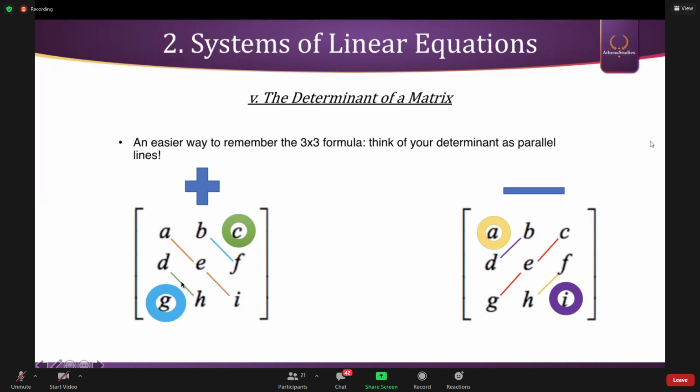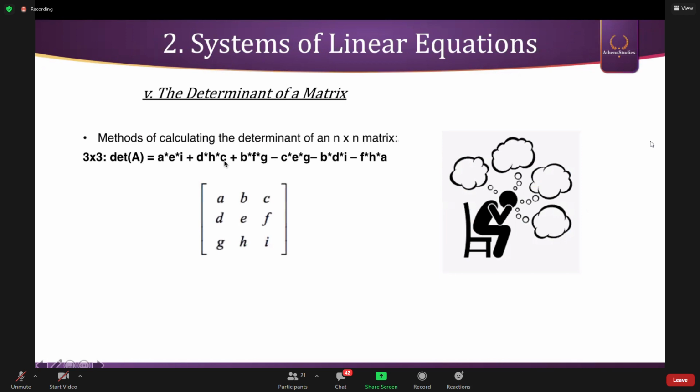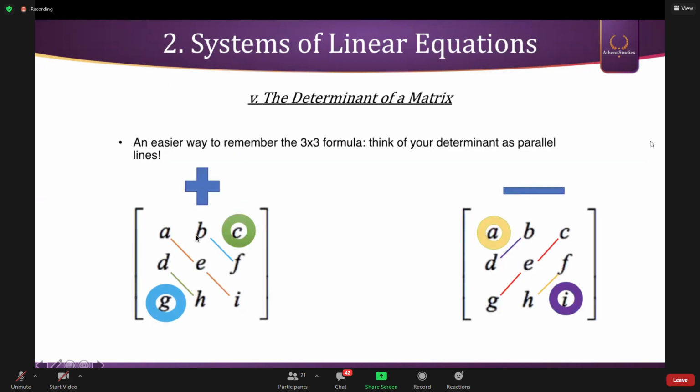Okay, so here we have a green line and a green circle, to which we add the multiplication between the other diagonal, B multiplied by F, multiplied by the opposite corner, G. And we have come up to exactly the same formula as the one in the original determinant formula, only we've created it with diagonals instead.